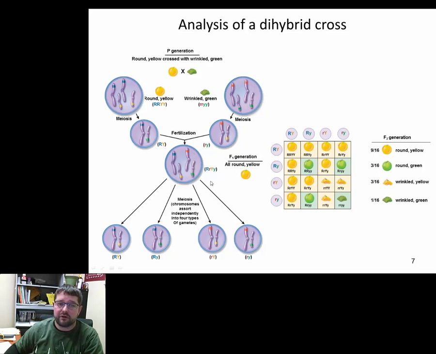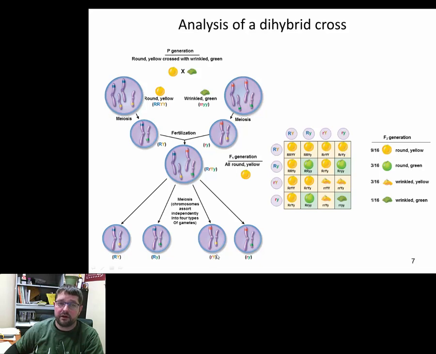So now we're interested in, well, what's the possible offspring from this individual? Okay. They could be big R, big Y, show dominant for both. Big R, little y, so show dominant for shape, but recessive for color.